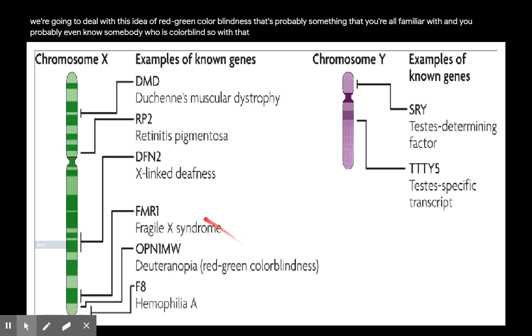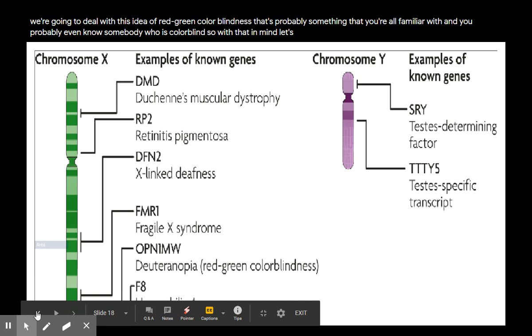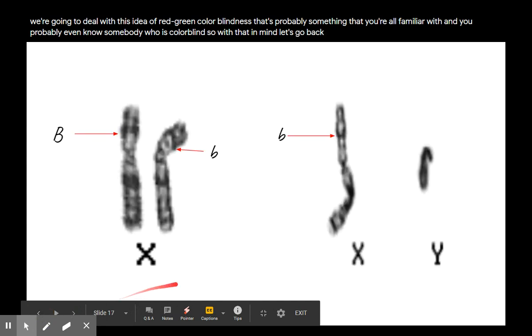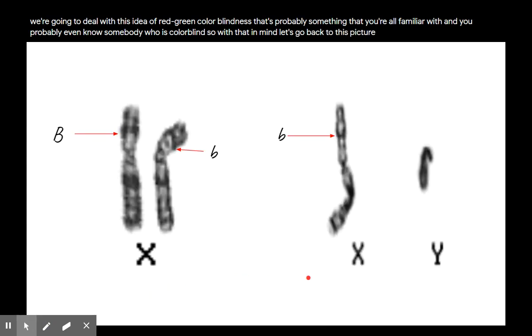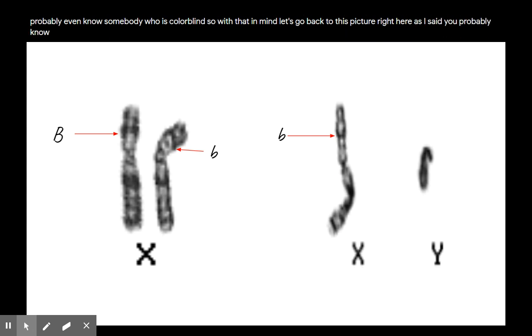So with that in mind, let's go back to this picture right here. As I said, you probably know somebody who is colorblind. So colorblindness is what's called a sex-linked trait. And if you want to be even more specific about it, it's an X-linked trait.